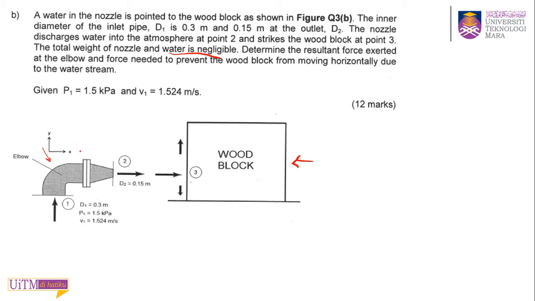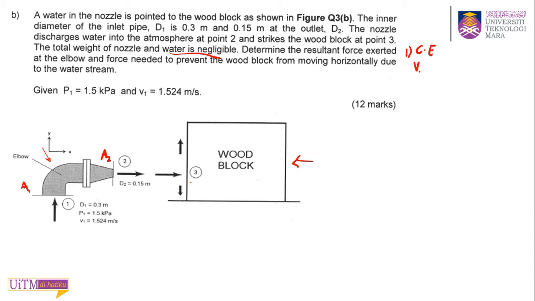First from the continuity equation, you can find your V2 lah kan. Because they give you the A1, you have your A1, you have your A2. From this you have V1, so you can find your V2 lah.